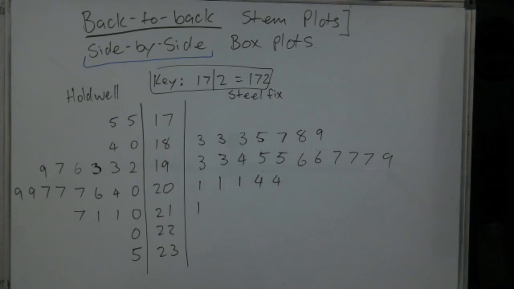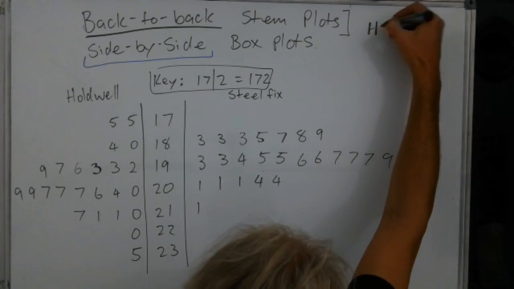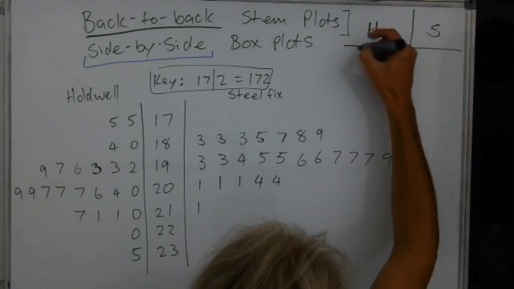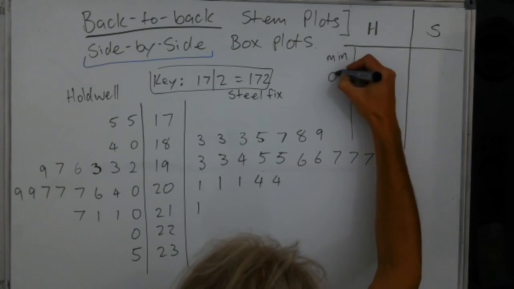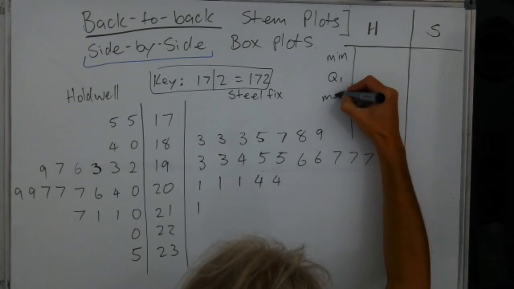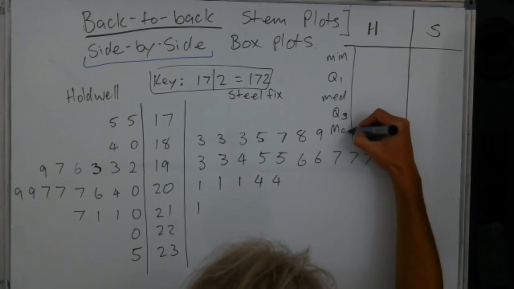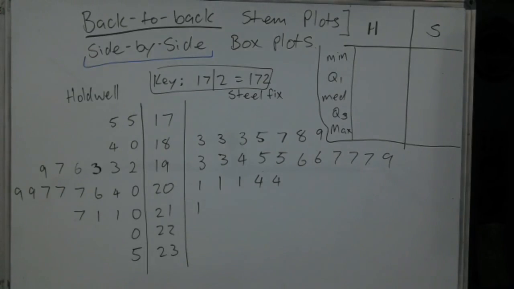So what I might do, let's do a little table up here. We'll call that Holdwell, SteelFix, min, Q1, median, Q3, max. Let's just do it like that.